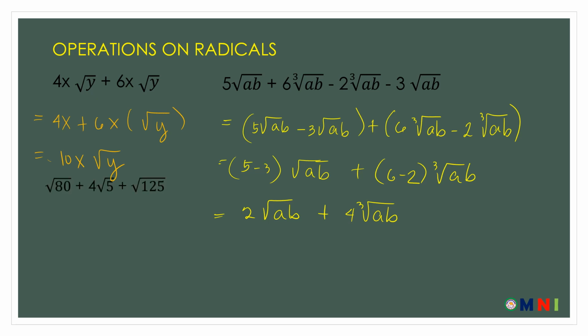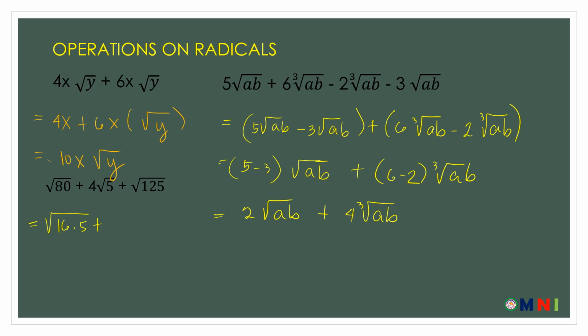And the last, if we're dealing now with numerals, we apply the steps of looking for perfect square factors until we can find a common radical. For the square root of 80, let's say this is 16 times 5.